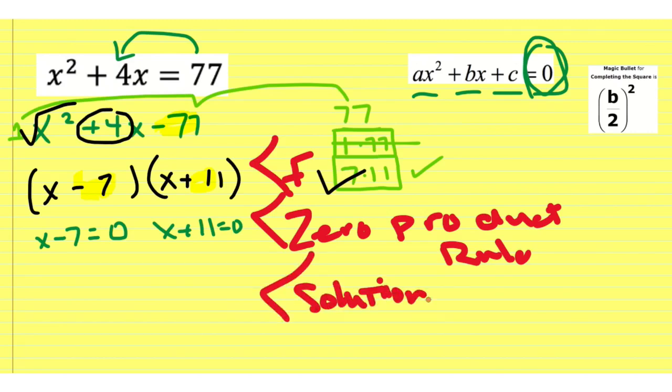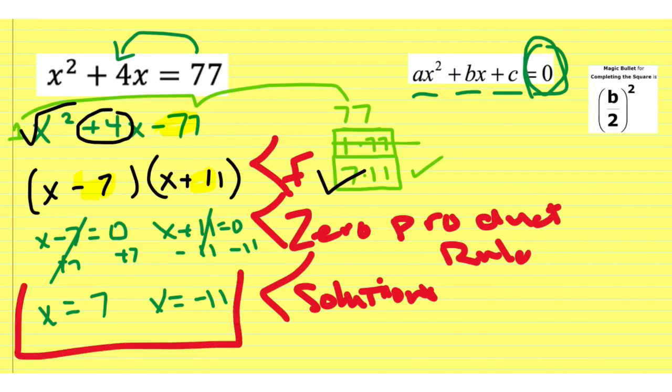If I work that out, my solutions are going to be plus 7, cancel. x is equal to 7, and minus 11, cancel. And then x is equal to negative 11. So those are my solutions of this quadratic. It can be factored. And what are some other names for the solutions? We can call those solutions x-intercepts.